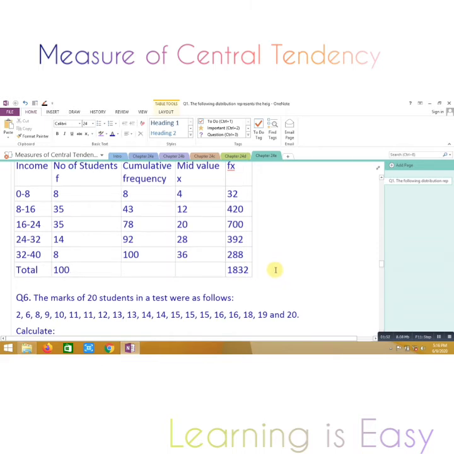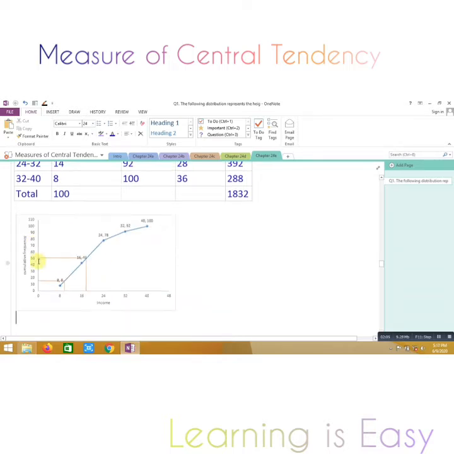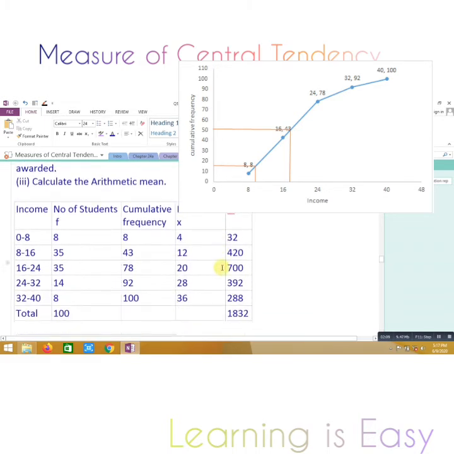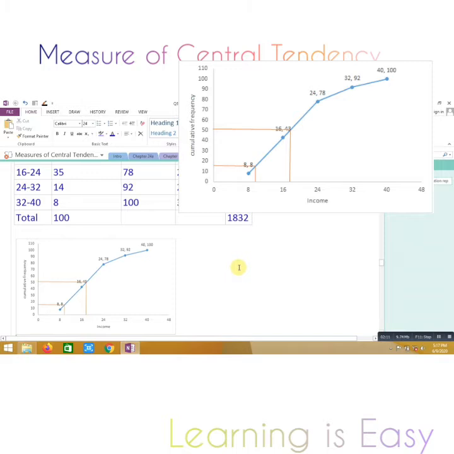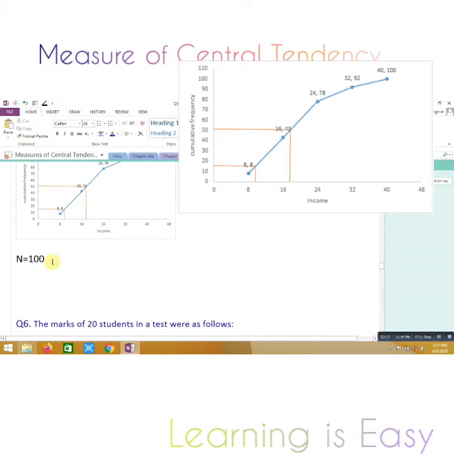So first, we need to draw the cumulative graph or ogive, with the income on the x-axis and cumulative frequency on the y-axis. So first we need to find the median. We know the value of n is 100 students, the total number of students.